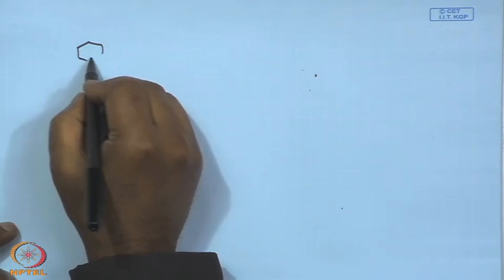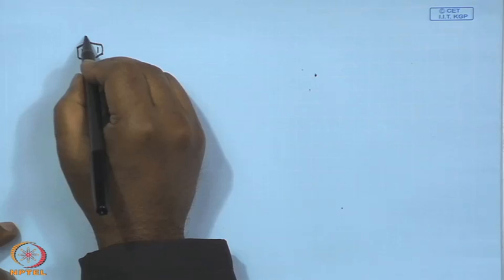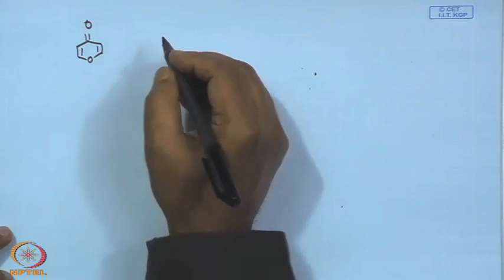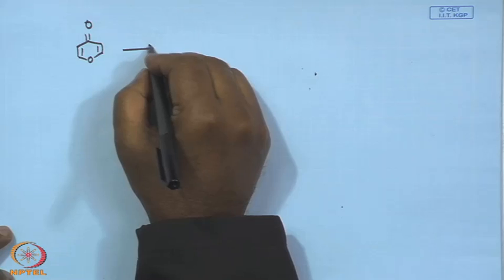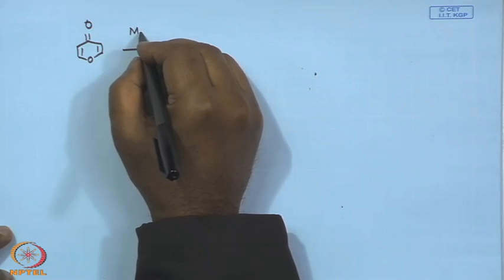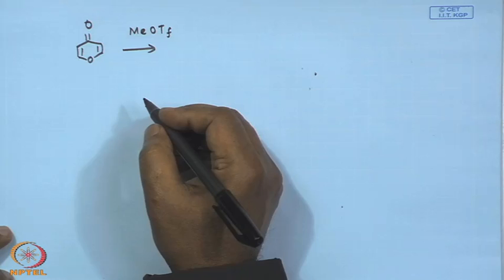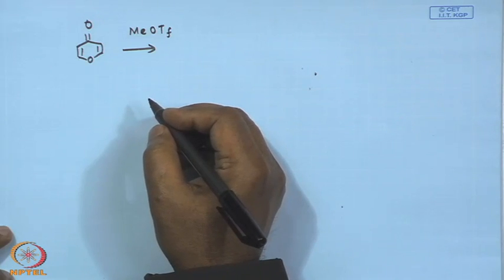What next? Next is if you have a carbonyl at the 4 position, that means a 4-pyrone system, a molecule of this kind, for example 4-pyrone. And if you treat this with, let us say, methyl triflate, what is expected?